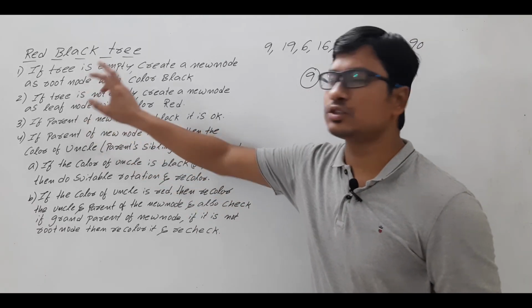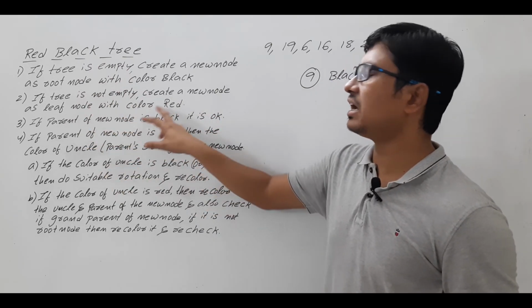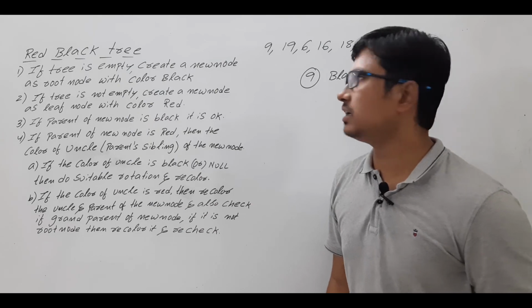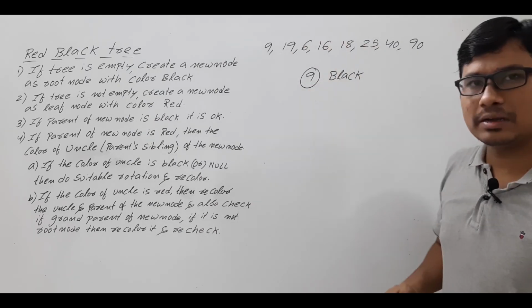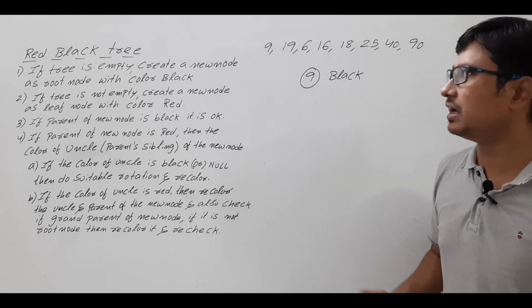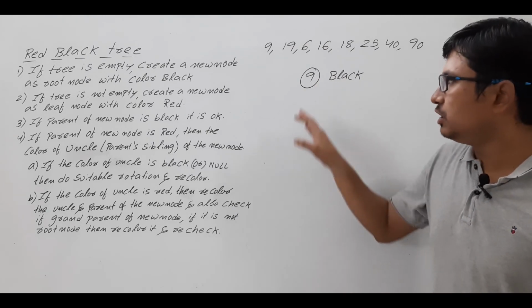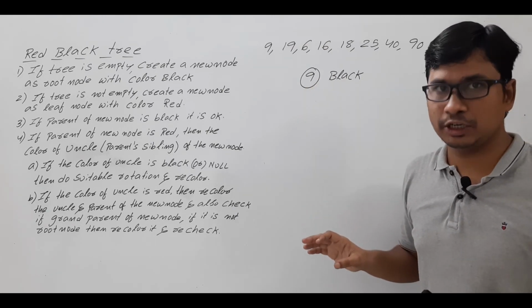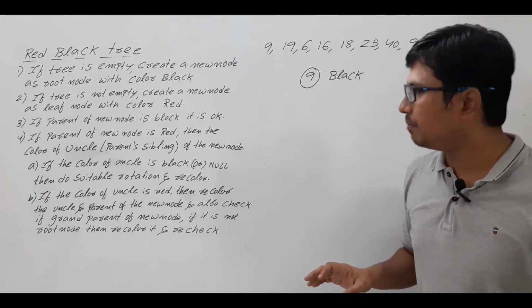Now, if the tree is not empty, create a new node as a leaf node with color red. Is it clear? Suppose now you want to insert 19. Is the tree empty? No, because there is a root node with value 9 which is black. Now where will you insert 19? It should satisfy the binary search tree property also, because a red black tree is a self-balancing binary search tree.